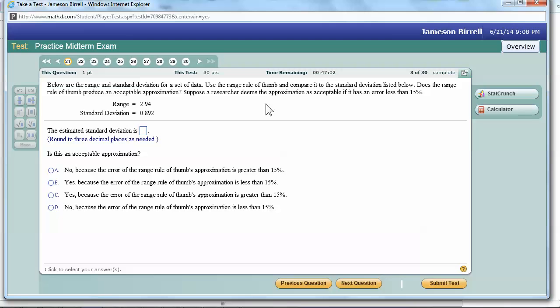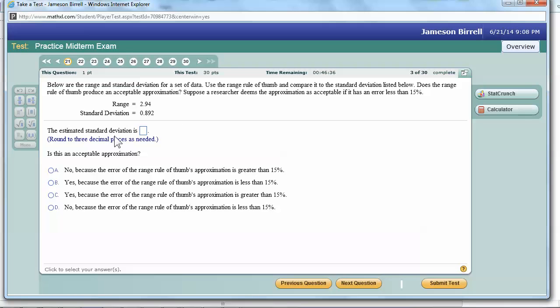You could say that the usual minimum would be 2 standard deviations subtracted from the mean, and the usual maximum would be 2 standard deviations added to the mean. I know I'm saying it fast because I'm not teaching it, I'm just reviewing it, but the PowerPoints in chapter 3 are a good place to review this. Compared to the standard deviation, does the range rule of thumb produce an acceptable approximation?